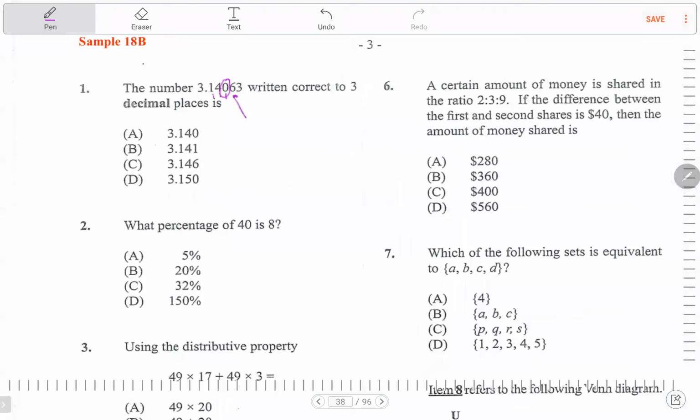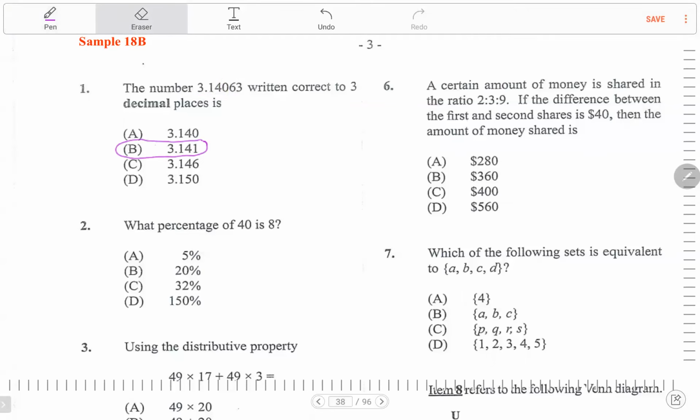Since that value is greater than 4, usually once it is 5 or more, we increase this by 1. And so the corrected value to 3 decimal places is this. If the question had said 3 significant figures, then it would be this, 3.14. We said 3 decimal places, so we are counting decimal places.